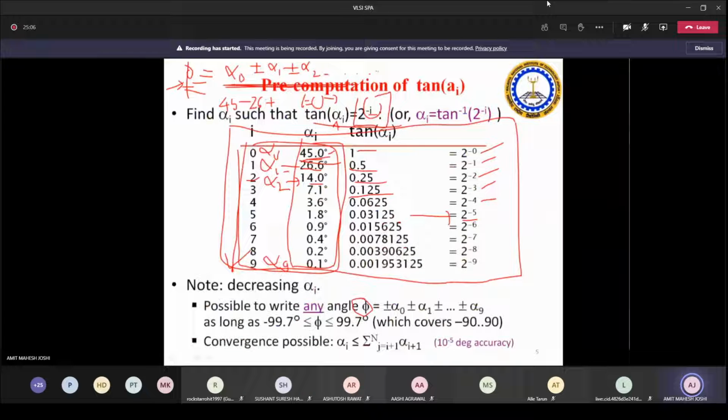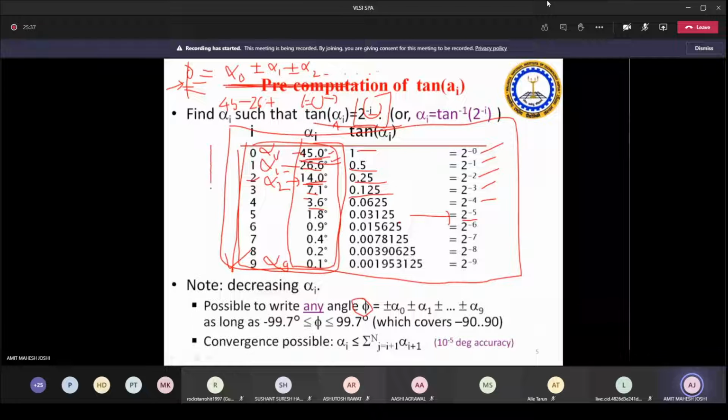That means first it will be 45, then 26.6, then 14, then 7.1, 3.6, like that. You must strictly follow this particular way. You cannot go from 45 to 3. Maybe you can consider 30: 30 is 45 minus 14, so I can go to near 30. It is not like this, though.